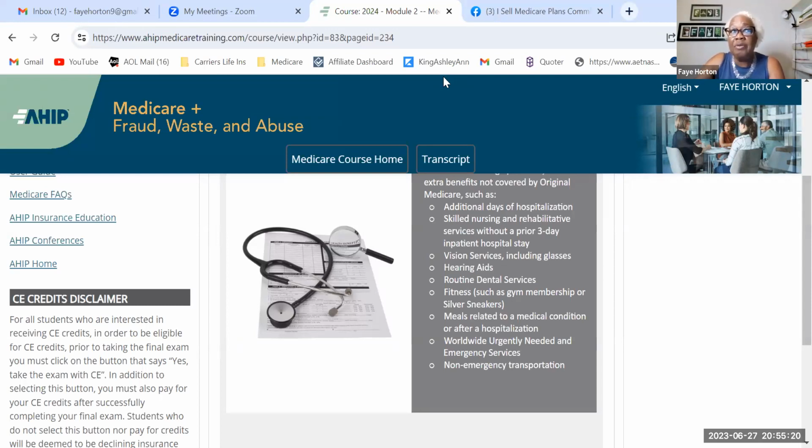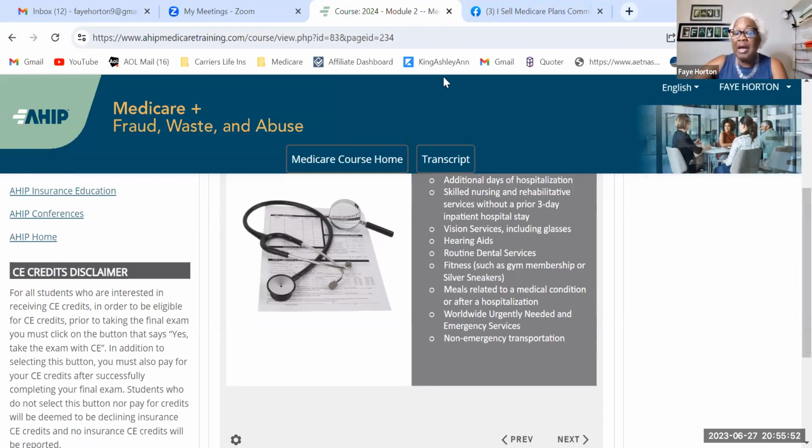Original Medicare covers services within the borders of the United States. And there are two areas, I think, where they will cover in an emergency under original Medicare, if this still holds true. And that's if you're right across the border in Canada or right across the border in Mexico, and it's a true life-threatening emergency.